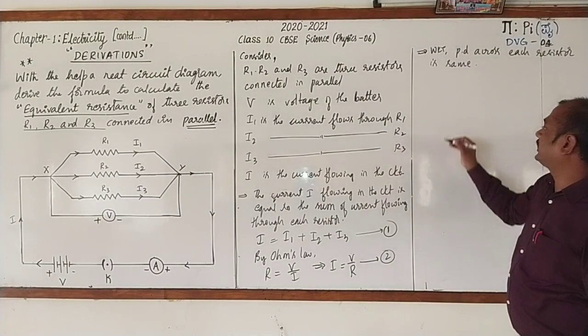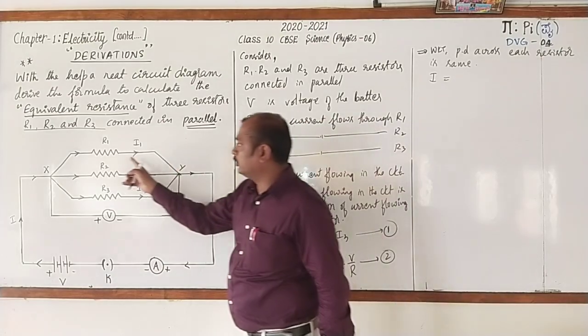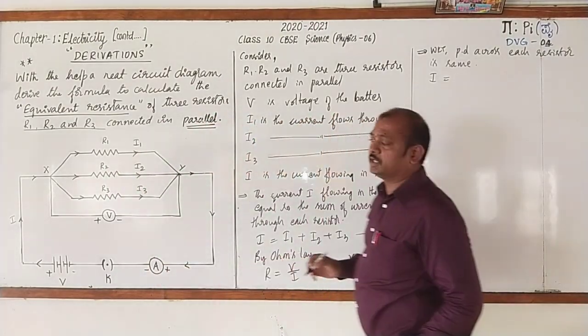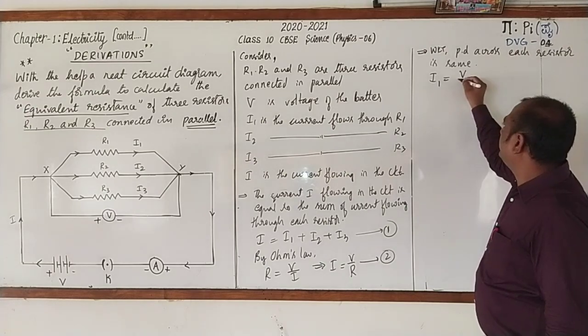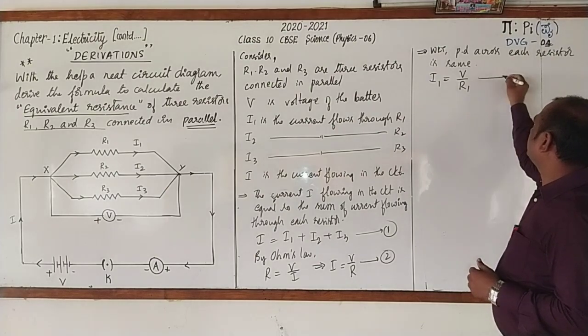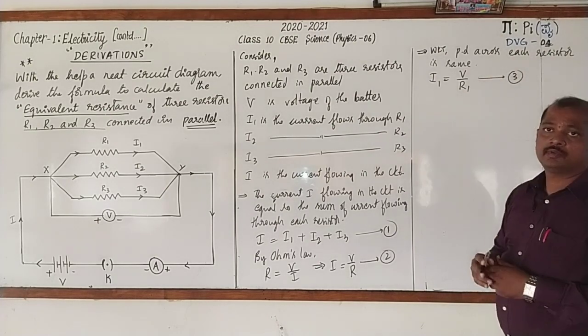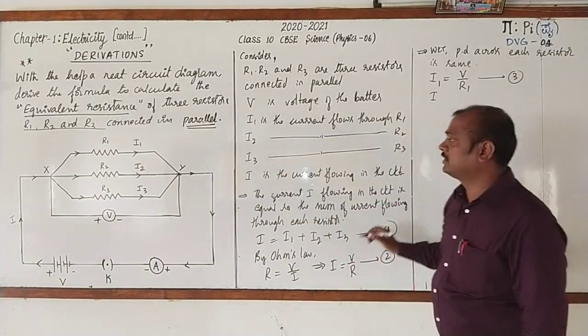Hence, now we can write then the current flowing through the first resistor, that is I1, is equal to V by R1. Right? Call it as equation 3. Then the current flowing through second resistor is I2.